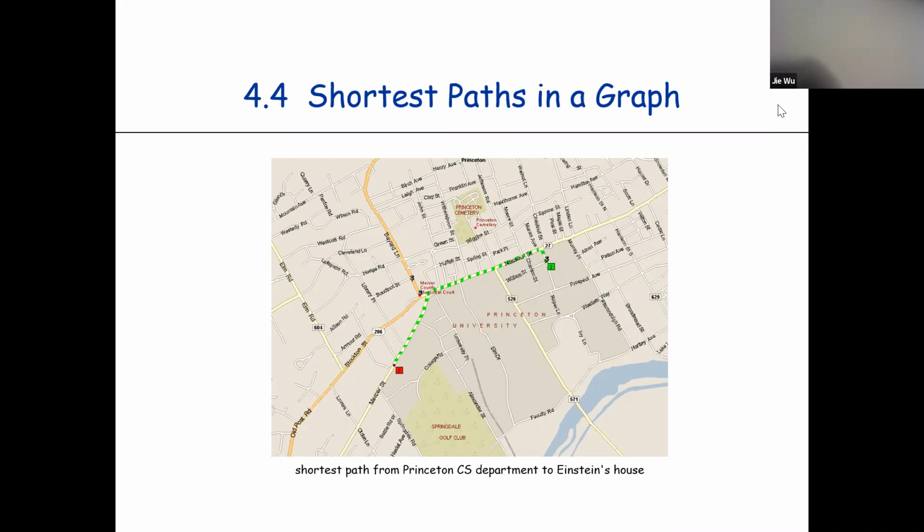Somehow it's not clear. Can I even see my hand? Probably I should set up ahead of time. It's more difficult.